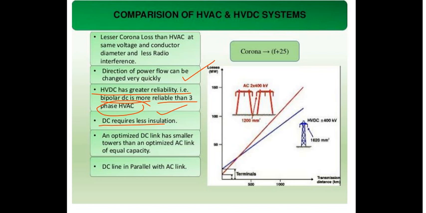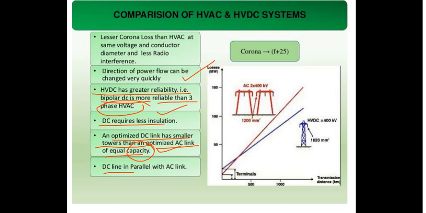Now if you look at this, the DC in parallel with the AC link. You can always have a DC line in parallel with the existing AC link system, so that you can have a lot of savings in terms of the auxiliary infrastructure that you need to provide.